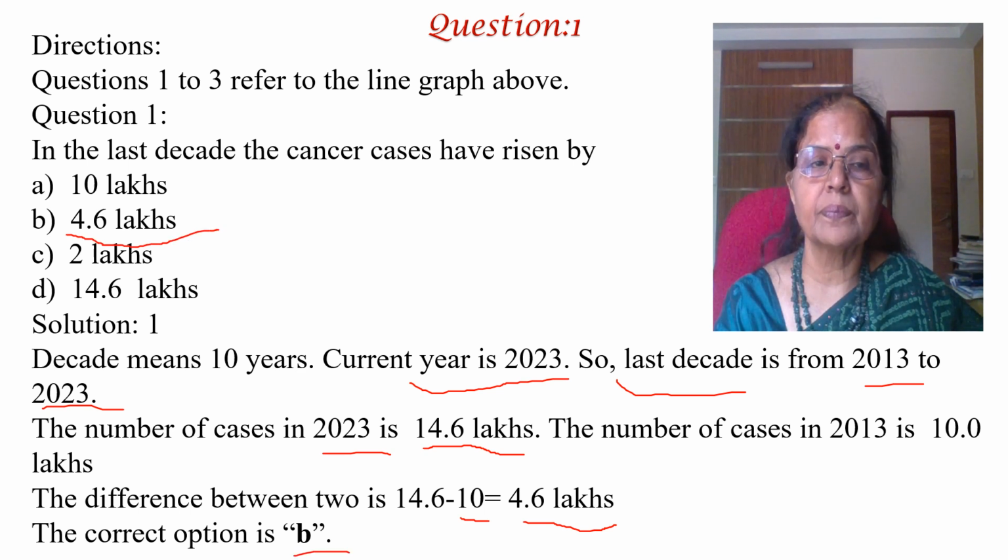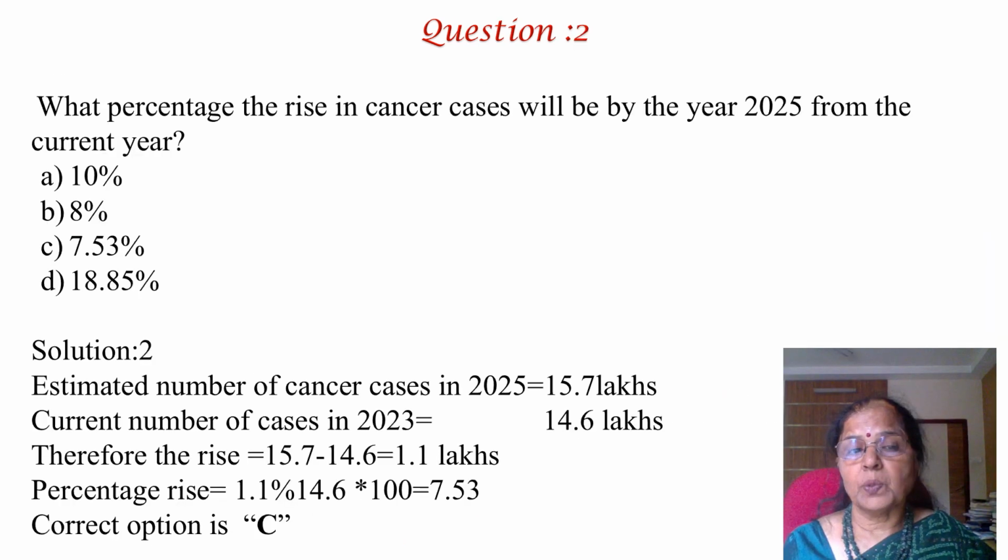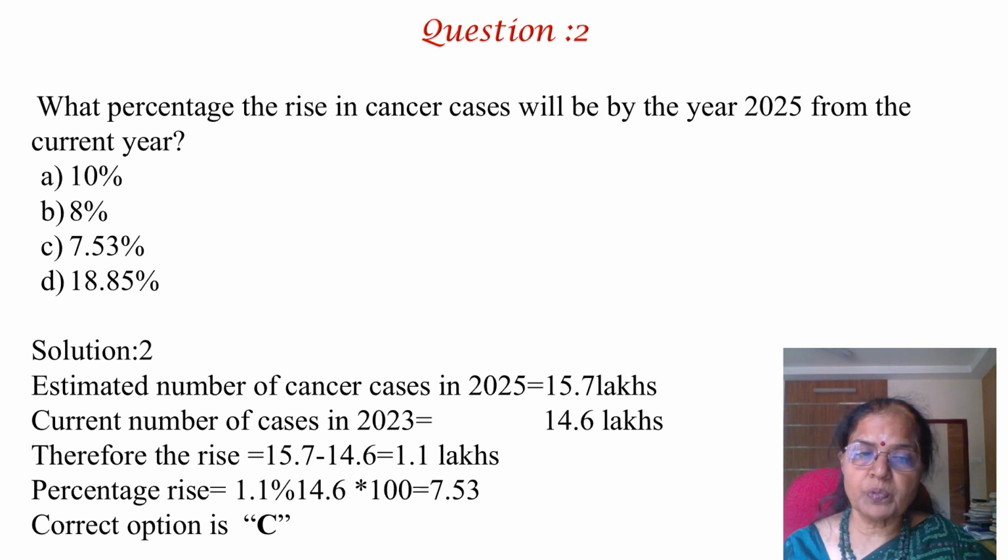Okay. Look at the second question. What percentage the rise in cancer cases will be by the year 2025 from the current year? By how much percentage there will be a rise in cancer cases from now to 2025? That is the question, and 4 options are given.